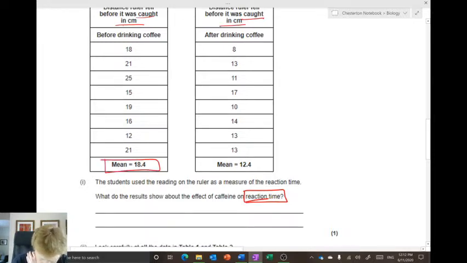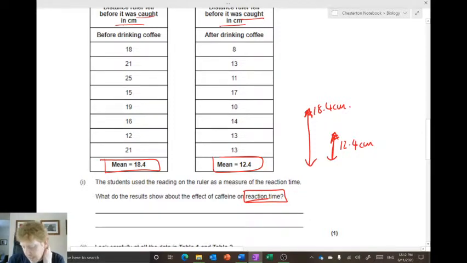Before drinking coffee, it fell 18.4 centimeters on average before it was caught. After drinking coffee, it only fell 12.4 centimeters before it was caught. Which means in this case, when it was a smaller number, the person caught it quicker. And if the person caught it quicker, they had faster reaction times.